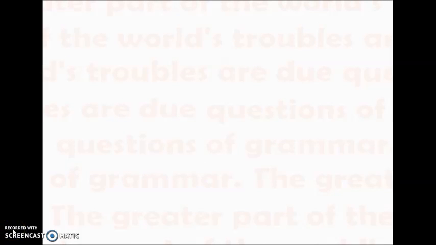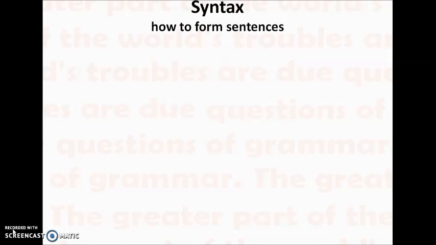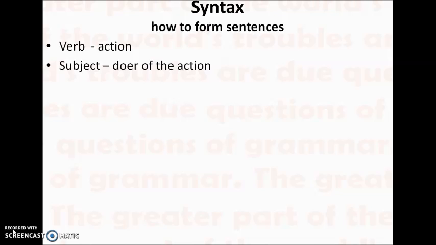Next, we will look at basic rules of forming sentences in the English language. Generally, every sentence in English should have two basic parts: a verb, which tells us what action happens, and a subject, which is the person who does the action.